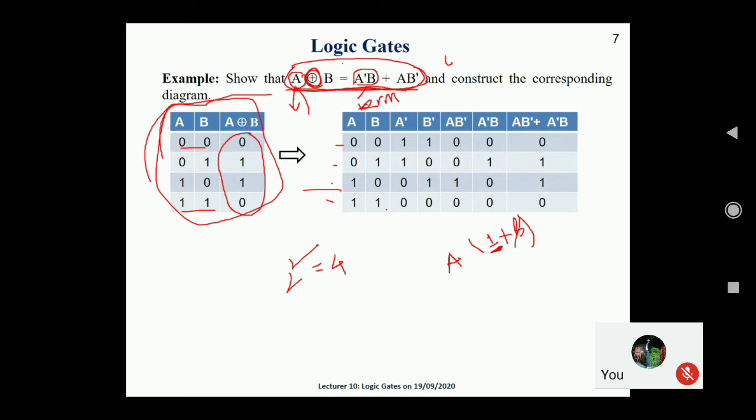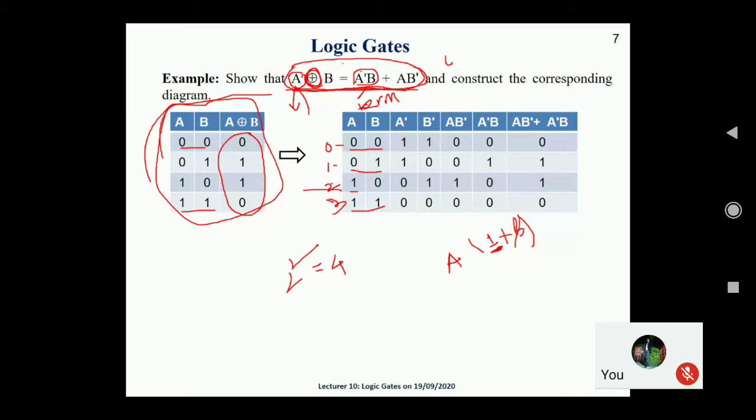Here I am writing 0, 0, this is also called binary encoding. 0, 0, 0, 1, 1, 0, and 1, 1. You cannot write 0, 0, 0, 1 and after that 1, 1; you have to come in sequence. In decimal, this one is 0, this one is 1, this one is 2, and this one is 3. 1, 1 means 3.